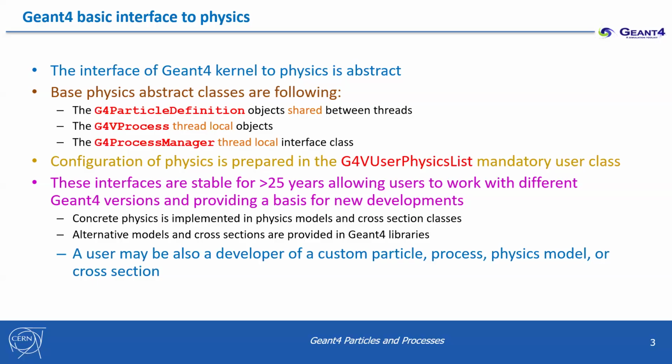These interfaces, which I described above, are very stable. From the beginning of G4, they allow users to work with different G4 versions and provide a basis for new development.